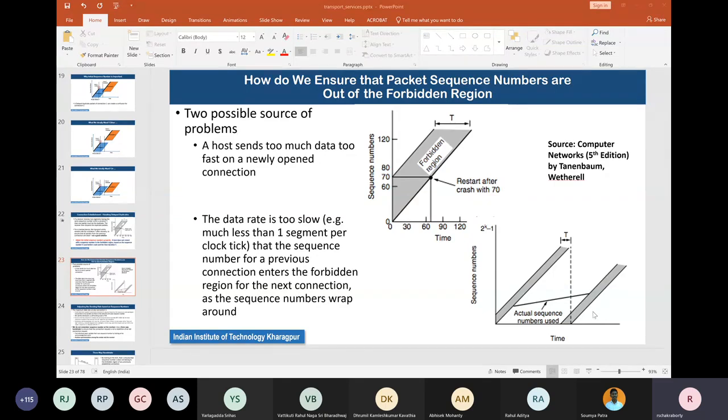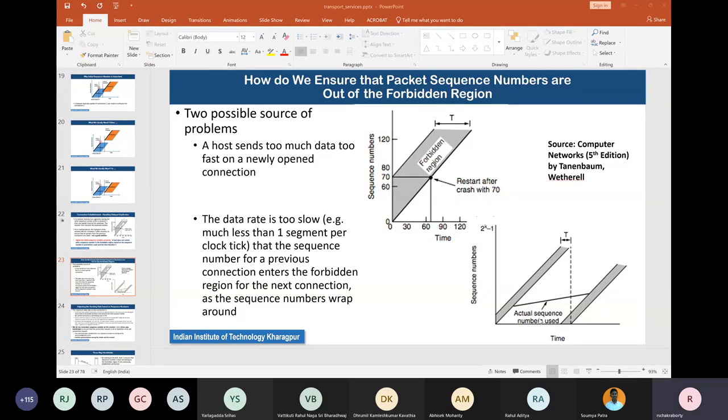It is said to enter the forbidden zone of the next connection from below. Earlier, if the slope suddenly increases, it would enter from the left-hand side; here it will enter the forbidden zone of the next connection from the right-hand side.